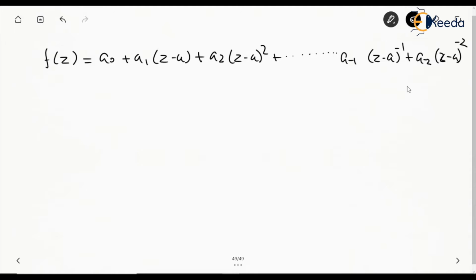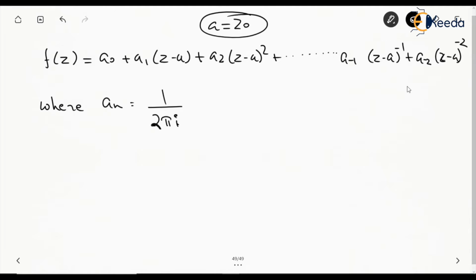This small a is nothing but the z naught we were talking about in the previous case, right? Where a n can be given as 1 by 2 pi i integration of f of t by (t minus a) to the power of n plus 1 dt.